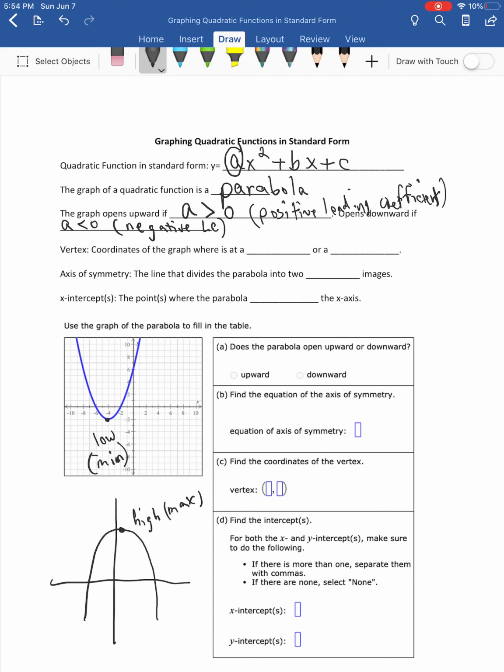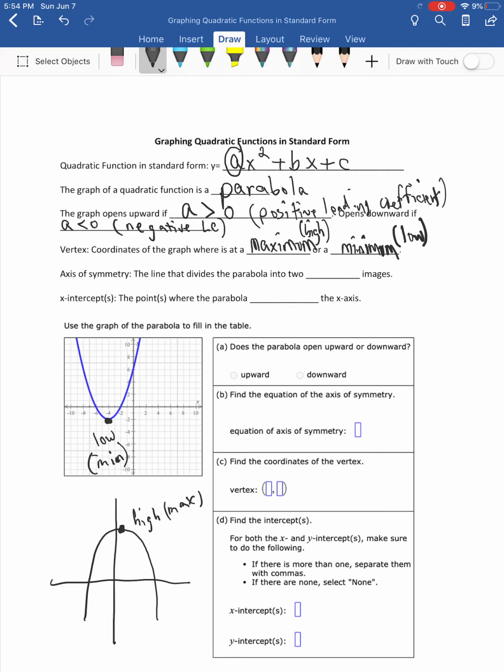The vertex of a parabola is the coordinates of the graph where it is at a maximum or a minimum. This minimum represents the lowest point on the graph. This maximum represents the highest point on the graph.